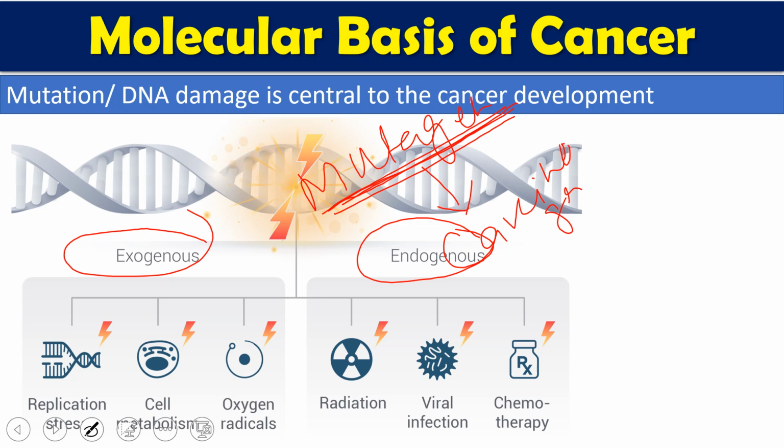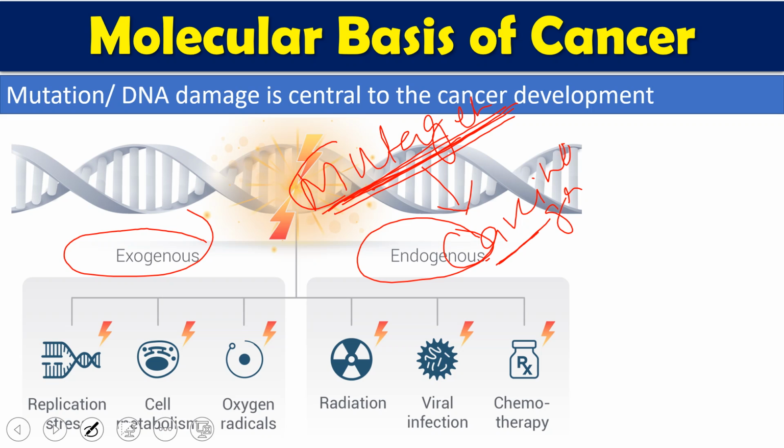All the carcinogens are mutagenic agents. Carcinogens compulsorily will be mutagenic agents, meaning mutation is a compulsory part of DNA cancers, but all the mutagens are not carcinogenic agents. Only some of the mutagenic agents are carcinogenic agents.